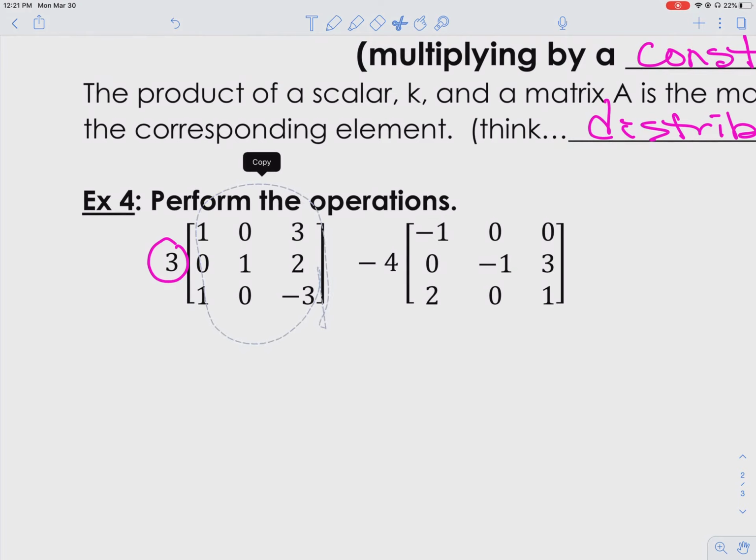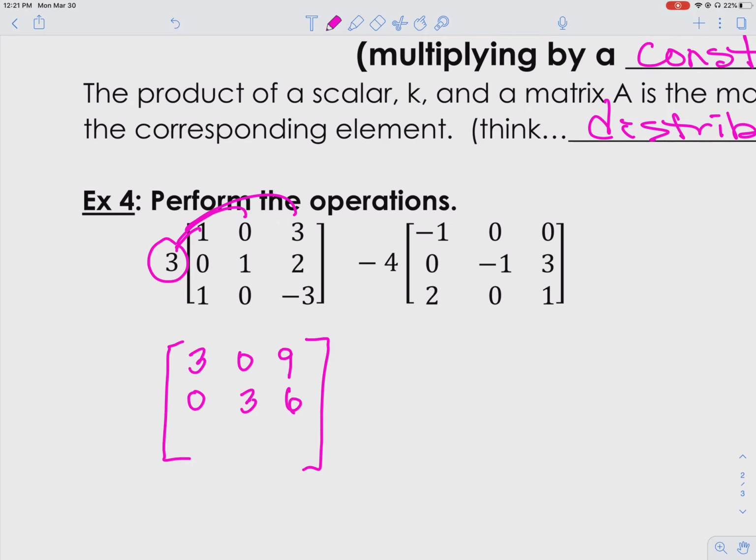I know I'm going to wind up with the same size matrix. Then I just multiply 3 by each one of those. I just distribute it: 0, 3, and 9. And then 0, 3, and 6. And then 3, 0, and negative 9. So I just distributed that 3 to all those numbers.